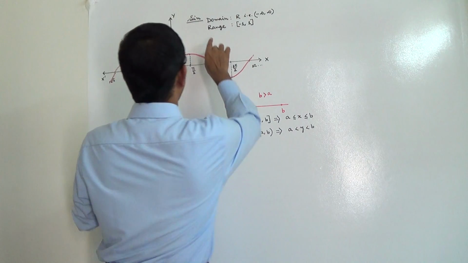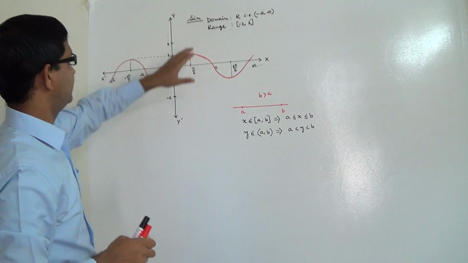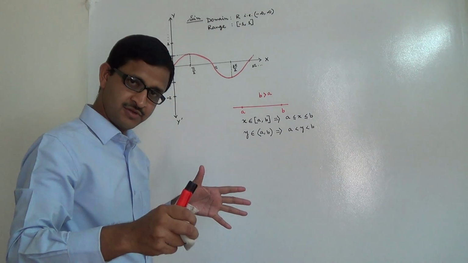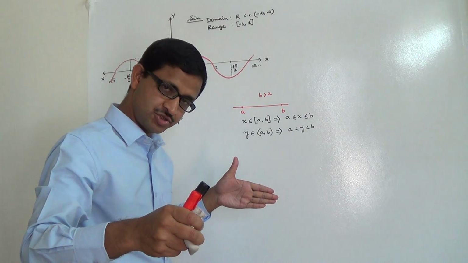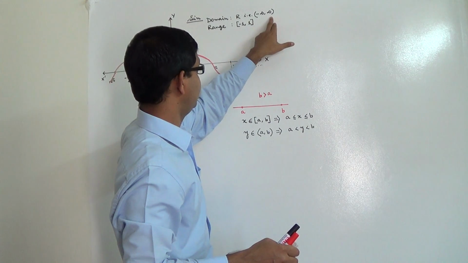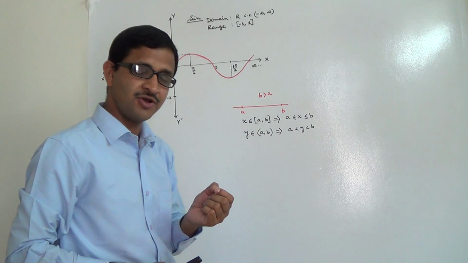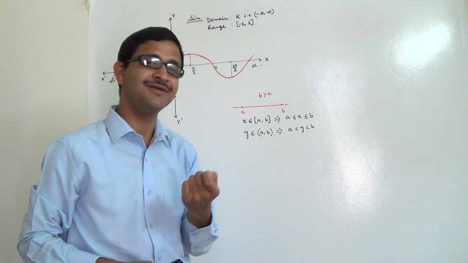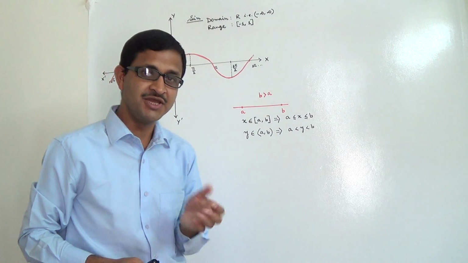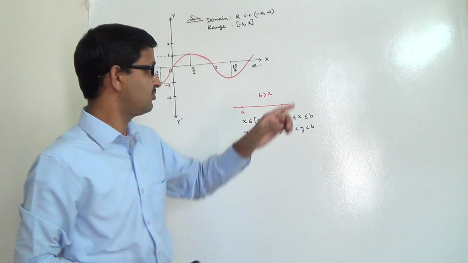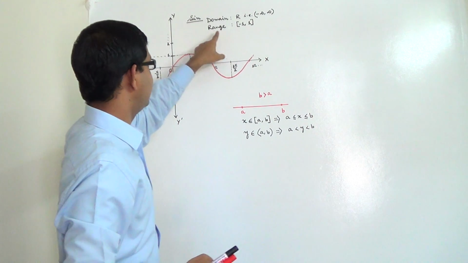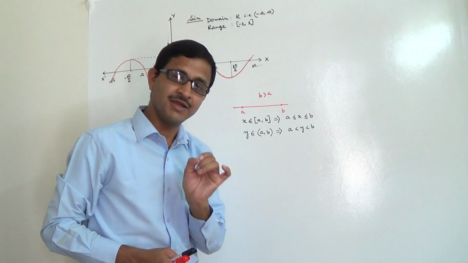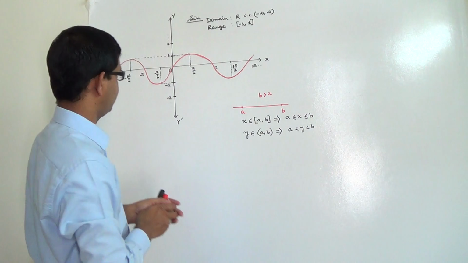So what we see is that the domain of sine is the set of real numbers, that is -infinite to +infinite, and I mentioned it as an open interval because from a theoretical point of view we really cannot reach -infinite or +infinite. You can only approach towards it. That's why it is an open interval, and the range is -1 to +1, including -1 and +1. That is why it is the closed interval -1 to +1.